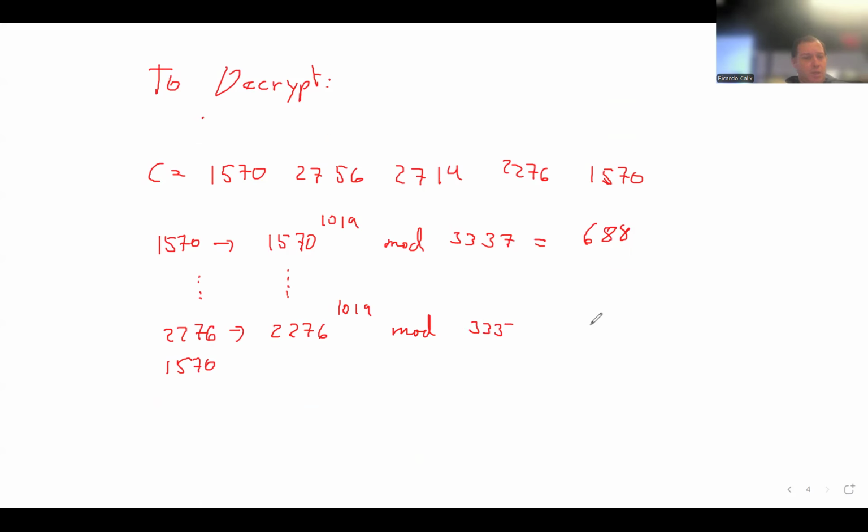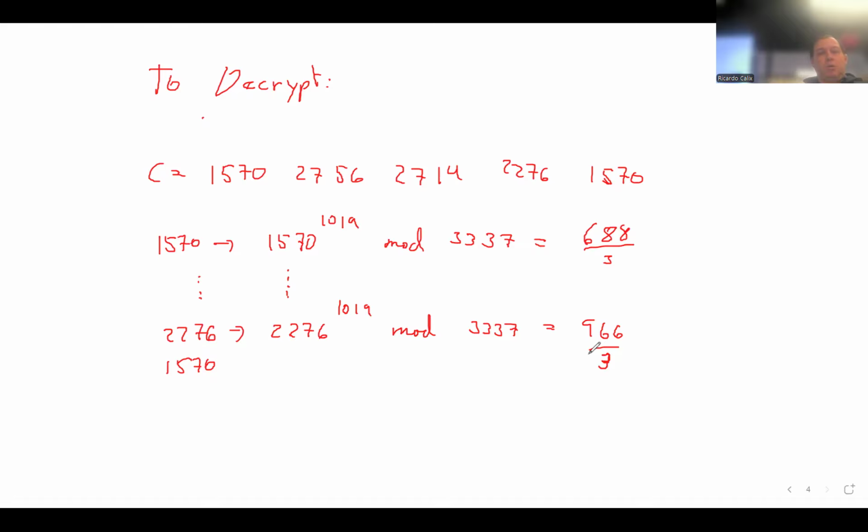And that would give you the 9666, right? And you've gone back from blocks of 4 back to your blocks of 3, which was the original plain text message once we converted it into integers.